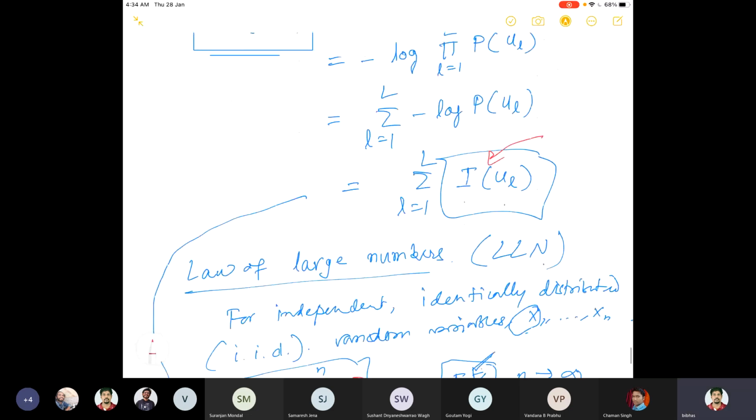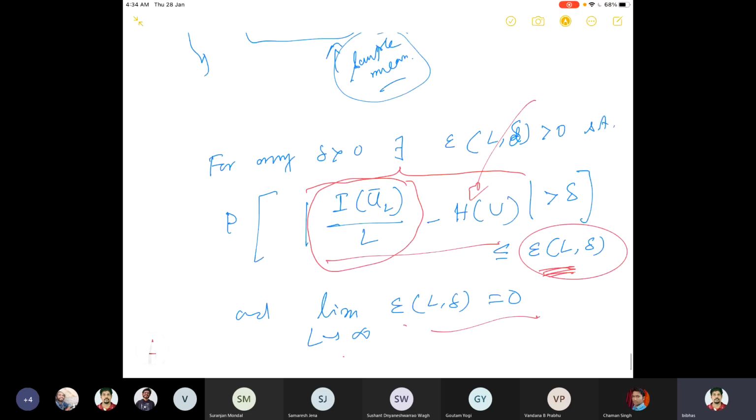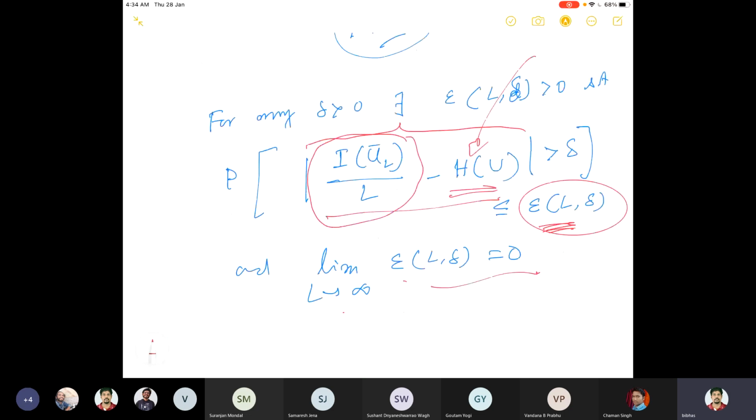So it is the average self-information, that means the expected self-information, and that's why it is the entropy. So if we just apply the weak law of large numbers, it says when L is large, then the sample mean, that means I(U^L) bar by L, is always approximately equal to the entropy of U. This is what it says. Any question about this?